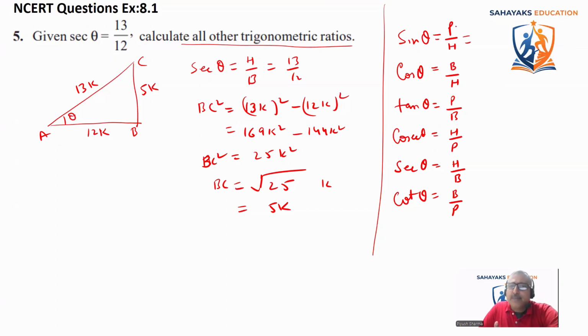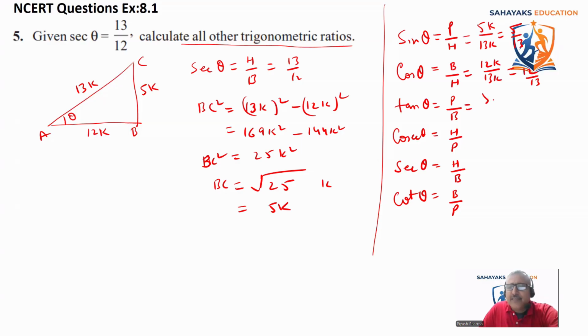So sine theta is P by H. P is 5K by H is 13K. So K will cancel out. It becomes 5/13. Now cos theta is base. Base is 12K divided by 13K. K will cancel out. It becomes 12/13. Then comes tan theta.